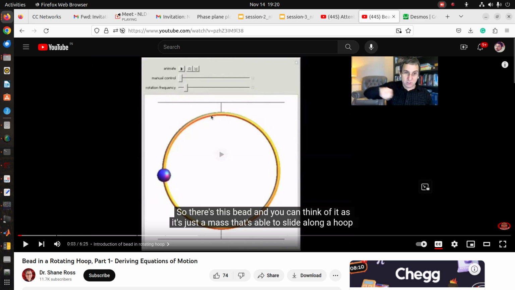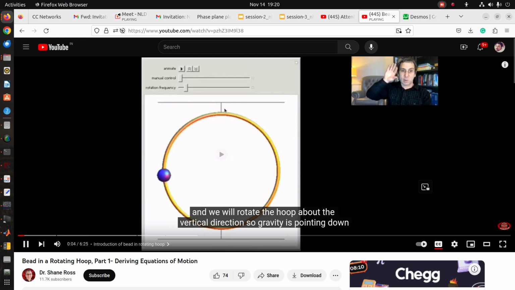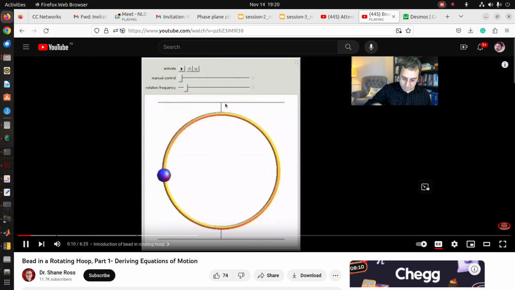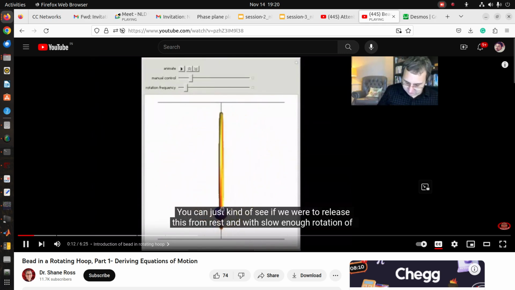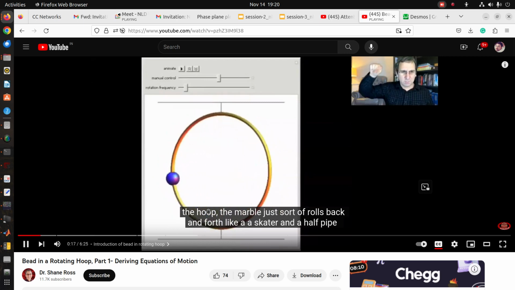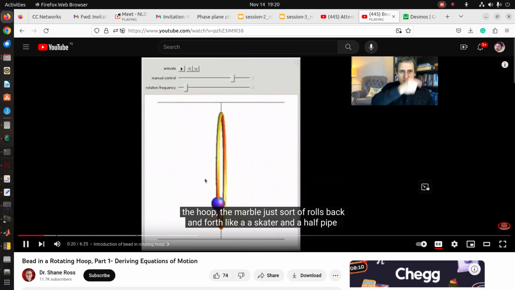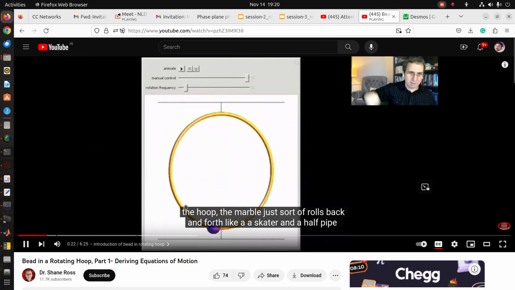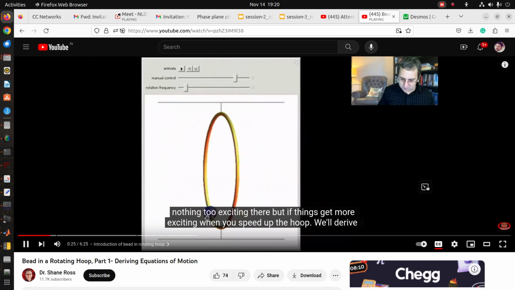This is the joint holding point for this hoop, and the circular hoop is being rotated. I'll show you the video. We will be rotating it about this vertical direction. Now when you are rotating that, this violet marble moves up and down, as you can see here.